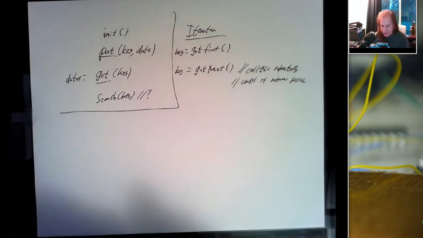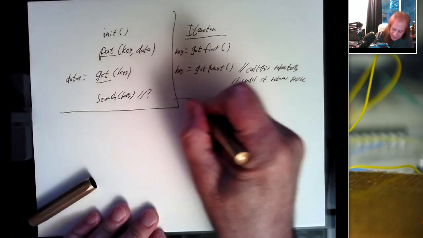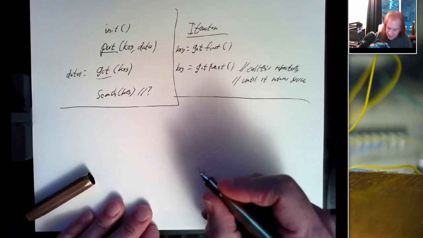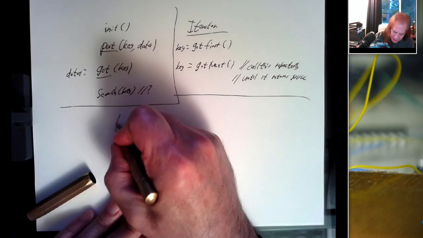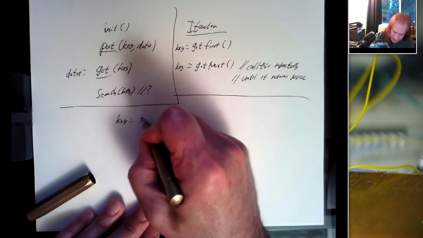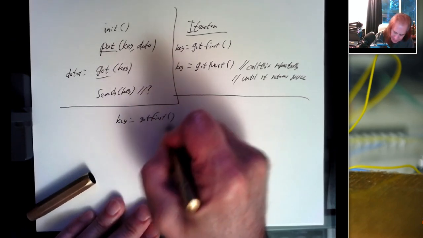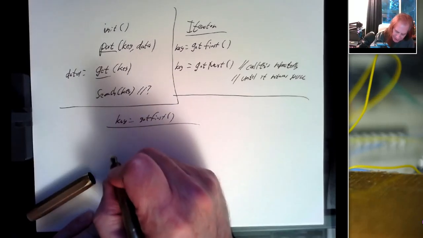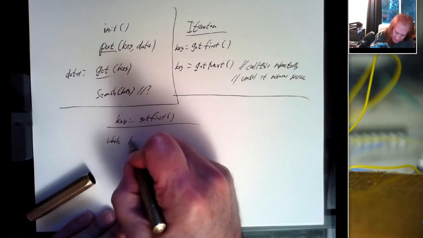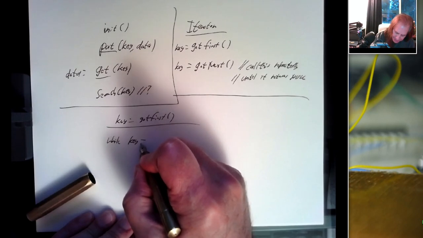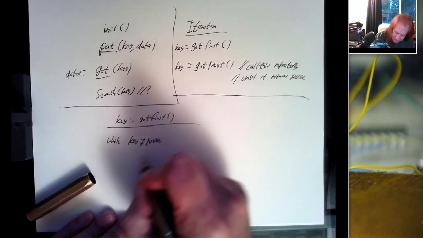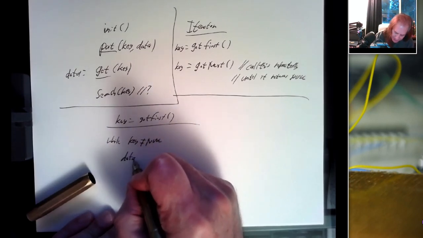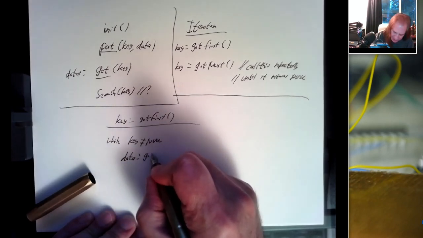And so if we wanted to print out the contents of our hash table, we could do something like, key equals get first. And then we could say while key is not equal to null, data equals, and we could use our get routine.